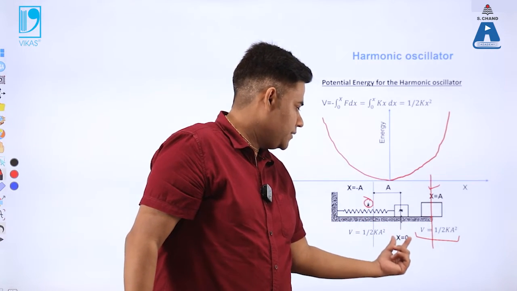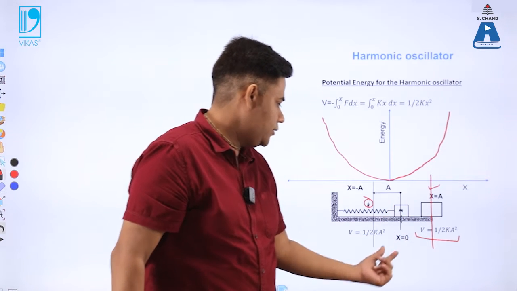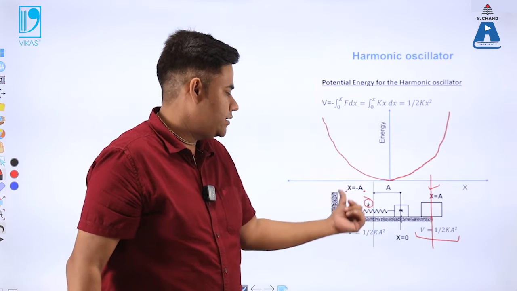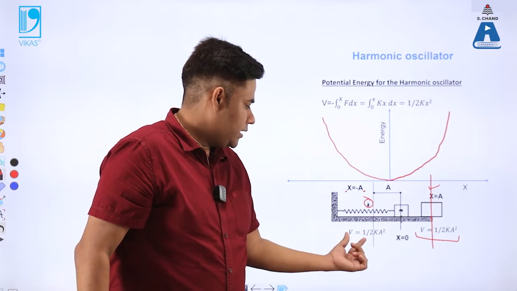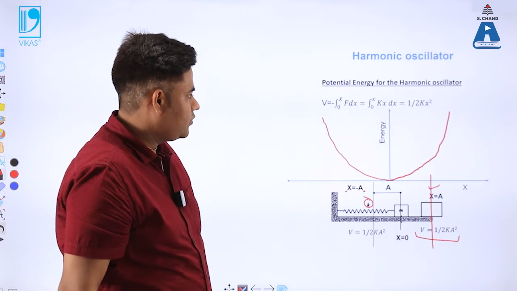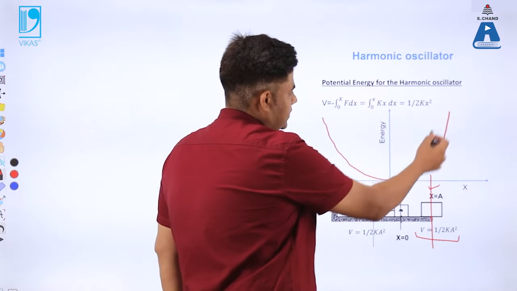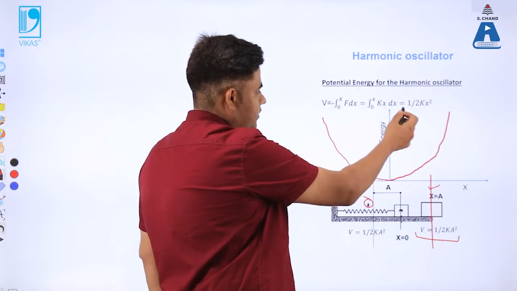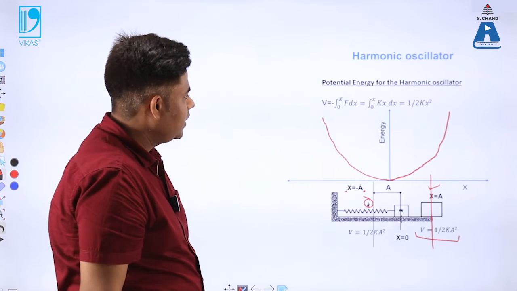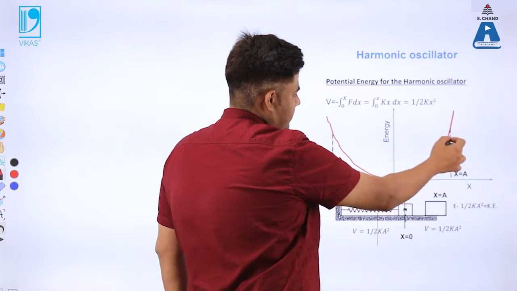At this mid position, x is 0, that means potential energy is 0, and when I substitute x as minus a, because this is towards the left, at that particular time also this energy would be half k a square. So when I look at the situation graphically, I will get this graph which indicates the parabolic function, and these are the two different extremes.